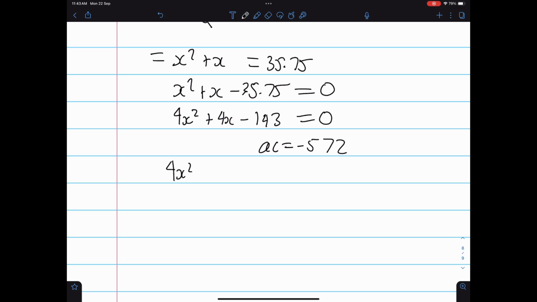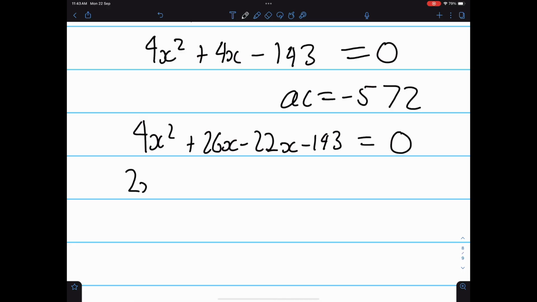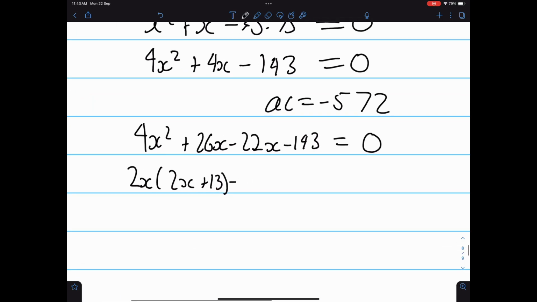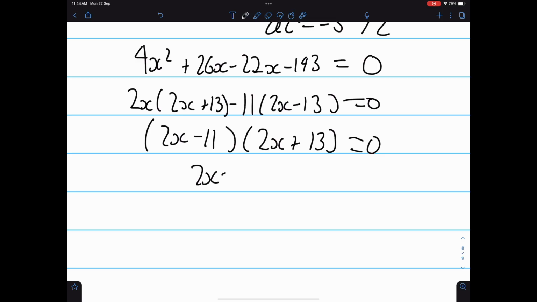And then we'll end up with 26 and 22. And now we have to try and factorise this. And again, we ignore the negative because we're dealing with side lengths.